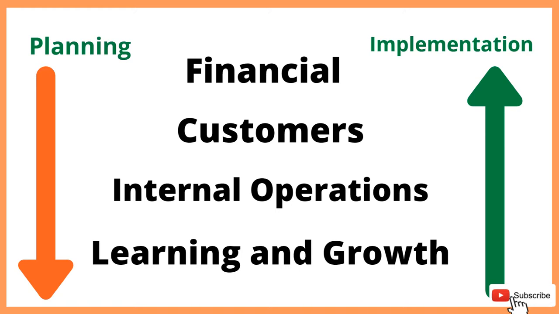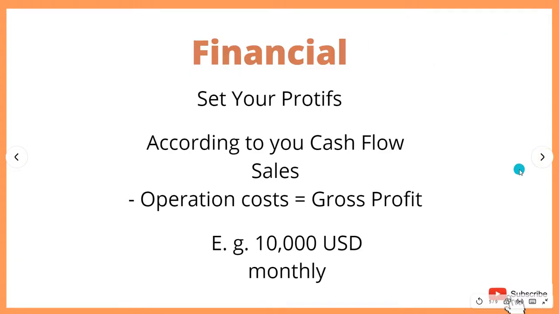But with this example, you're going to have more idea. Just imagine that you want to obtain 10,000 US dollars monthly as gross profit. Gross profit is before taxes. And according to your cash flow, that is sales minus operation cost, that is equal to gross profit.